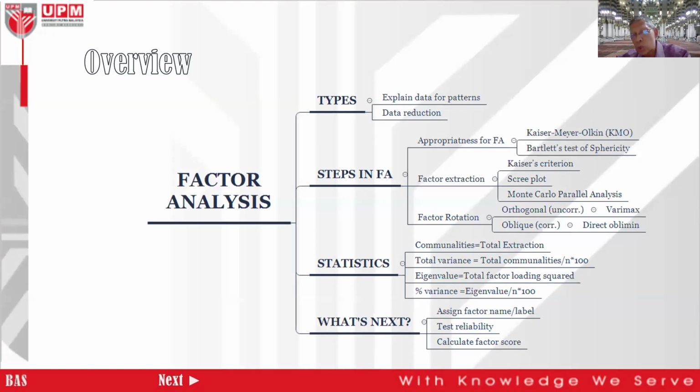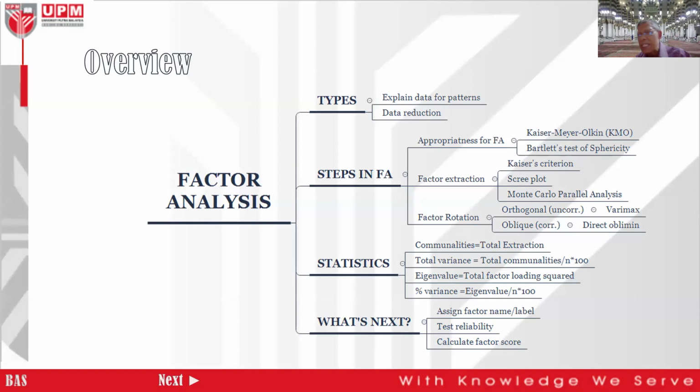The first thing that we need to do: if you generate and propose a series of items and run them in factor analysis, and you don't have any idea what factors or variables will be derived from the result, then you need to look at each of the factors.